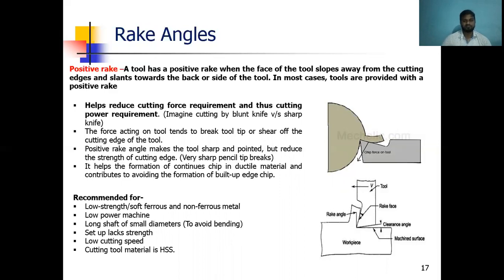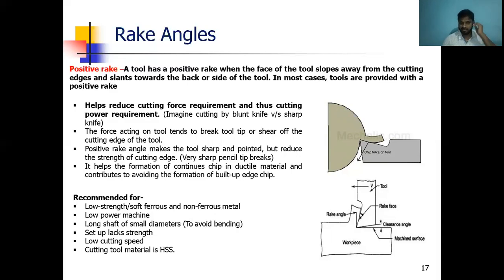In most cases, tools are provided with a positive rake. A positive rake angle makes the tool sharp and pointed, but it reduces the strength of the cutting edge, which is very essential. A sharp pencil tip breaks. It helps the formation of continuous chip in ductile material and helps avoid the formation of built-up edge chip.